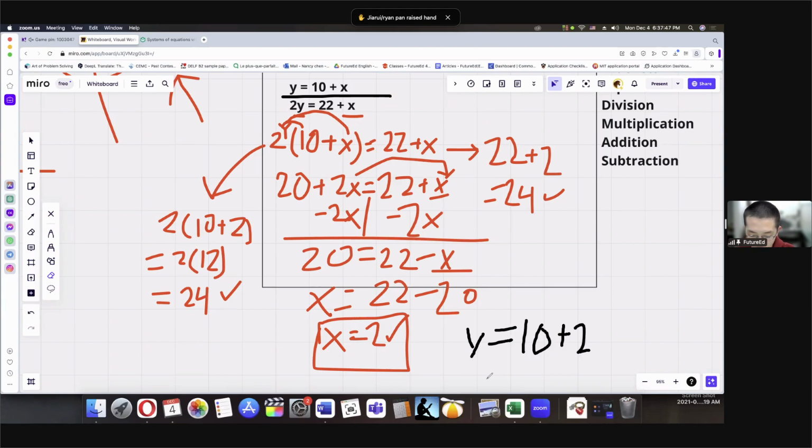Exactly, 10 plus 2 is 12, so we now know that y is equal to 12. And just to make sure, 2y is 22 plus 2, that would make 24. 24 divided by 2 is 12.